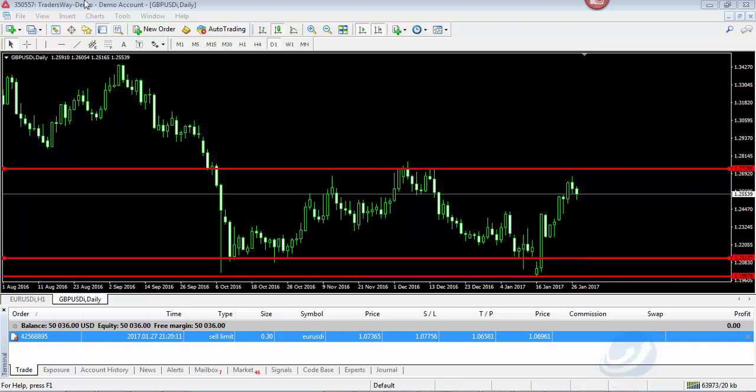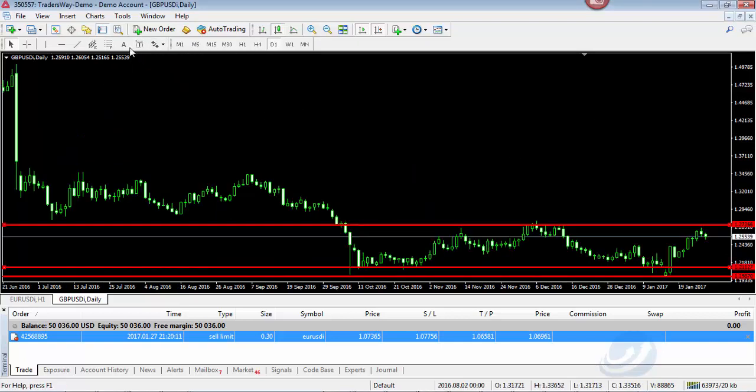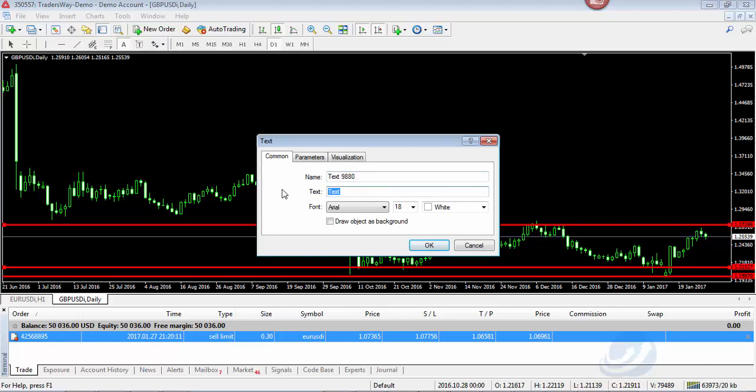To do that, we can actually even make a label on our charts. We can type in support, or we can say major support zone.